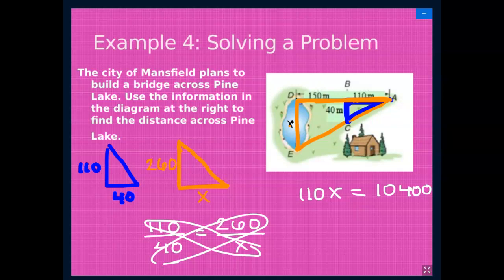And then you're going to solve for x by dividing both sides by 110. And we get x equals 94.545.